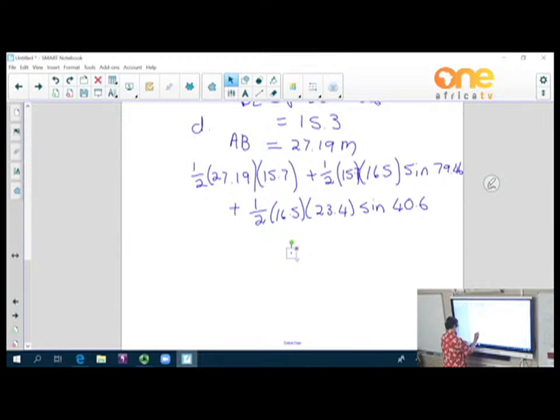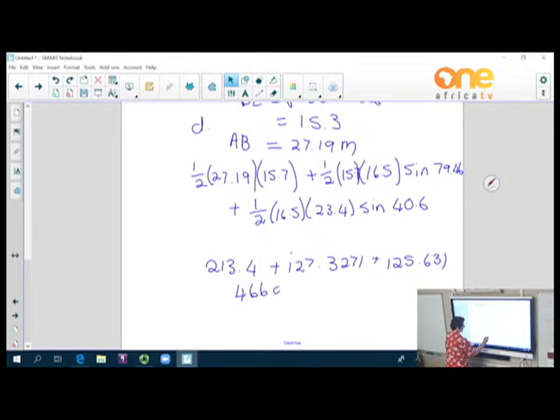And the answer is, for the first one, 213.4 plus 127.3271. I don't round off now. I round off in the final answer, 0.631. And then if you add the whole lot, it rounds off to 466 square meters. Right, very nice question.